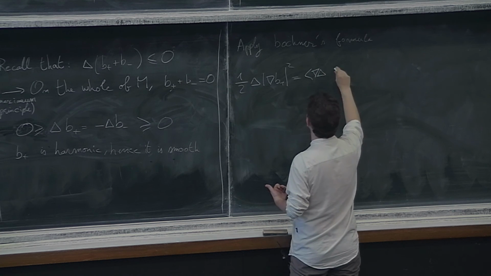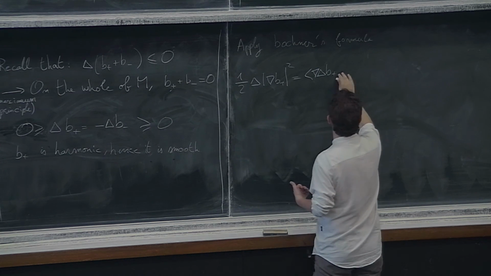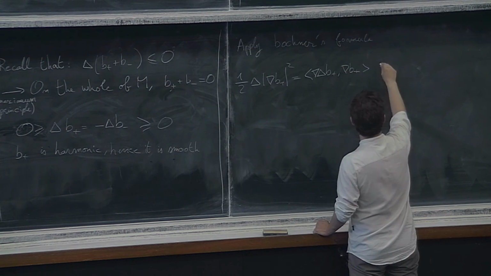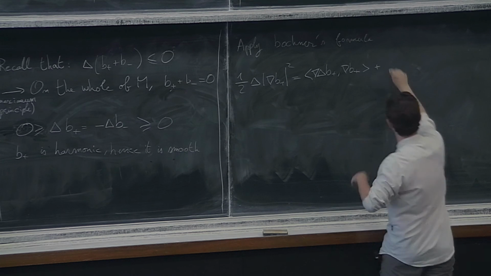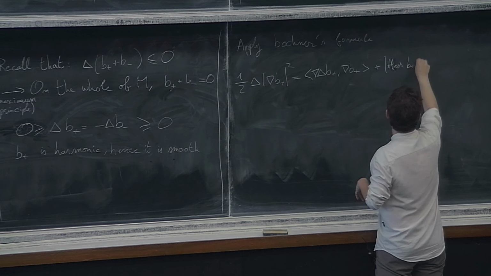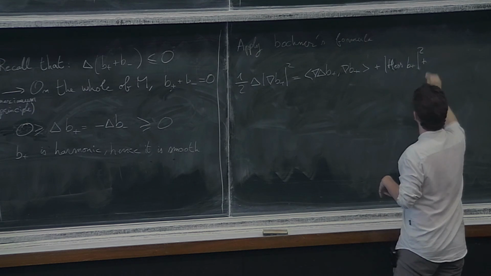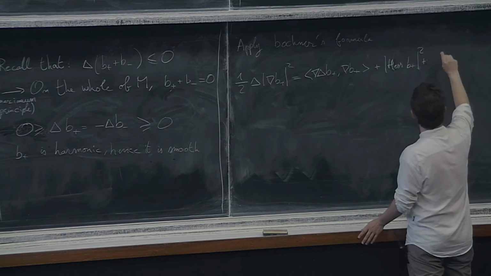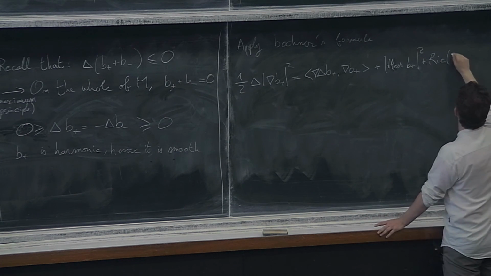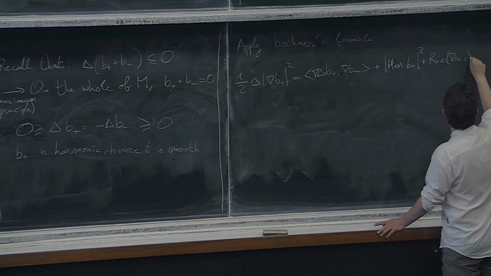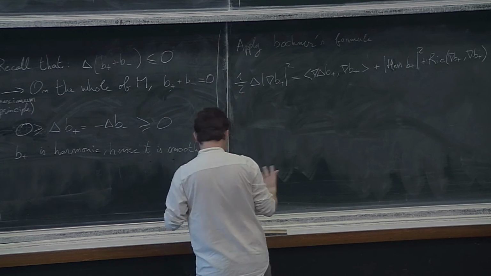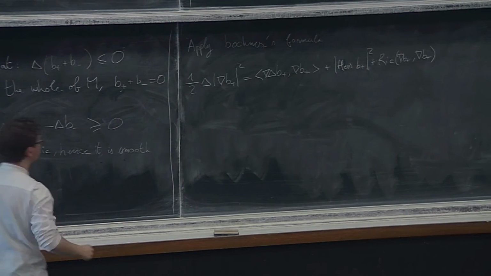So gradient of Laplace b plus inner product gradient b plus, plus Hessian b plus squared, plus, so the last term is the Ricci curvature, Ricci curvature of gradient b plus, gradient b plus. Okay, so we have a harmonic function.